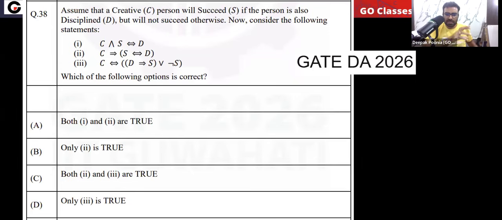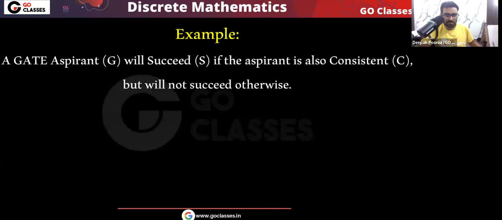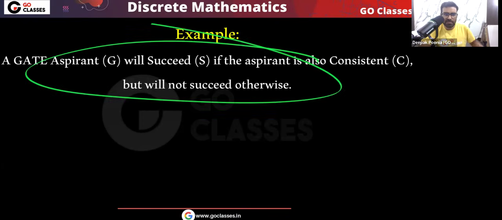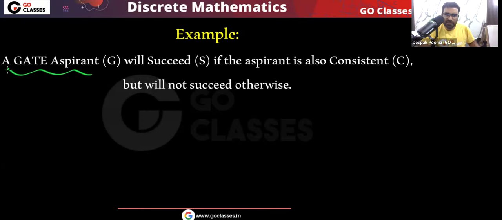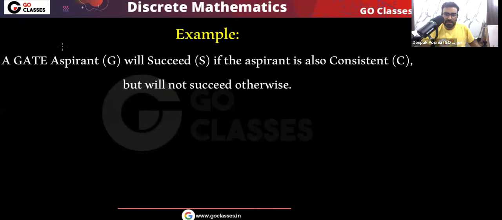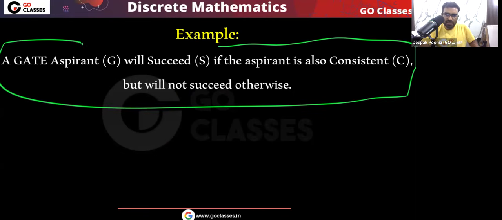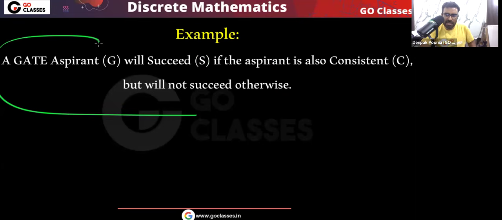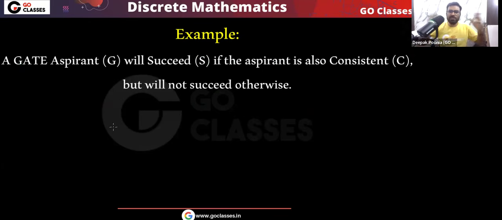Now let me take another example to understand what I am saying. Consider this example. It will be more intuitive to you. You will feel more connected with this statement. So let's see. A GATE aspirant will succeed if the GATE aspirant is also consistent, but otherwise the GATE aspirant will not succeed. Now you tell me, if I am a GATE teacher and I speak this statement, am I only focusing on the GATE aspirants or am I making a statement for all the students in the entire world?